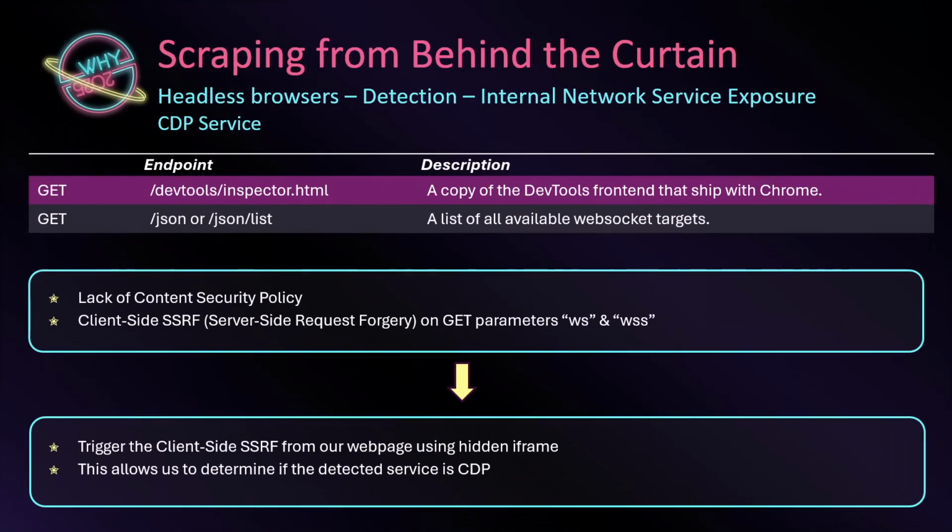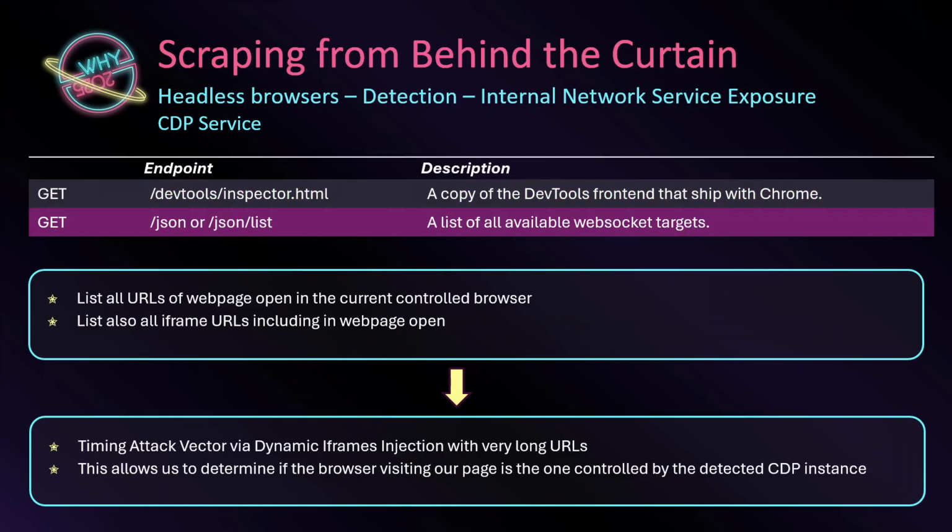The first is the copy of the front end that ships with Chrome, because there is a lack of content security policy and there is a client-side server-side request forgery. You can trigger it by adding a hidden iframe on our web page. This allows us to determine if the detected service is a Chrome DevTools Protocol.